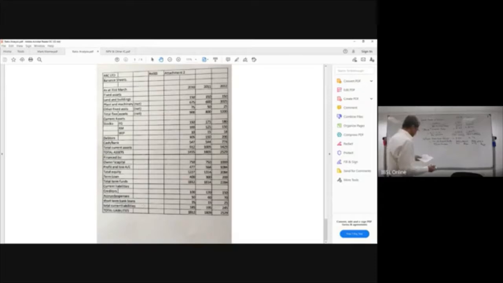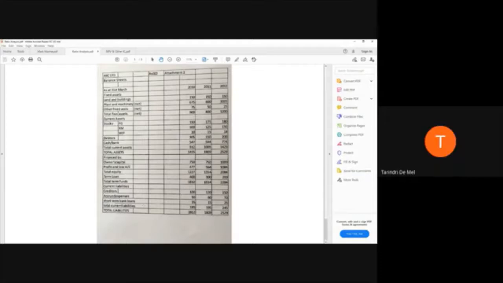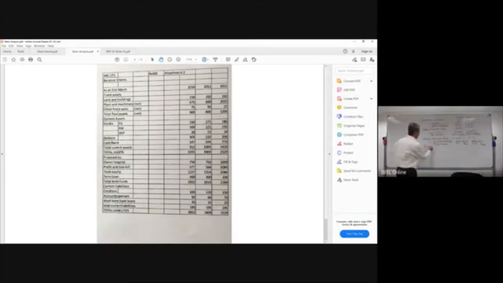Right. Next one is debtor turnover ratio. Can you see at this level? Yes, we can. Okay. Debtor turnover ratio is credit sales divided by average debtors.